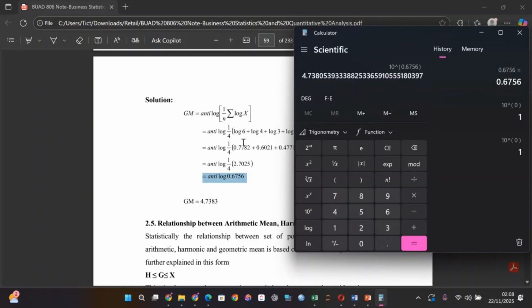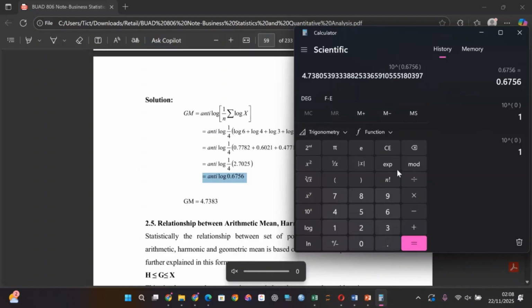So how you get to this level is when you get all the logs. If you get this formula, substituting is going to be very easy. Trust me. Get the formula. Once I put the log, if you have the calculator with you, just punch log.